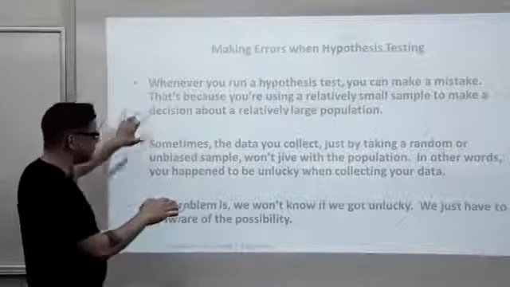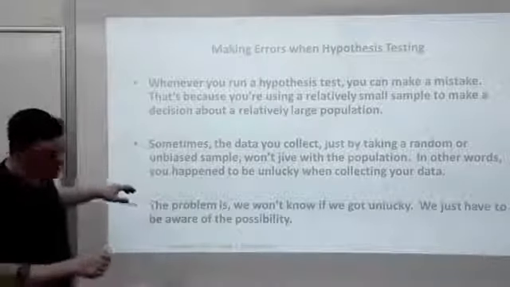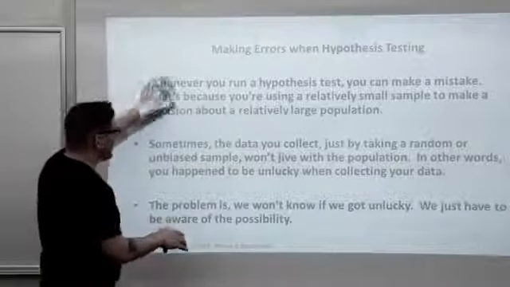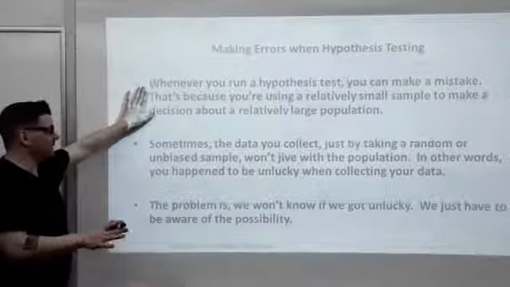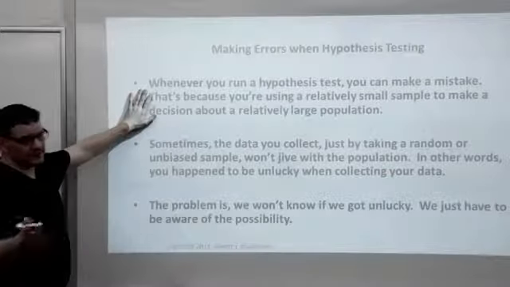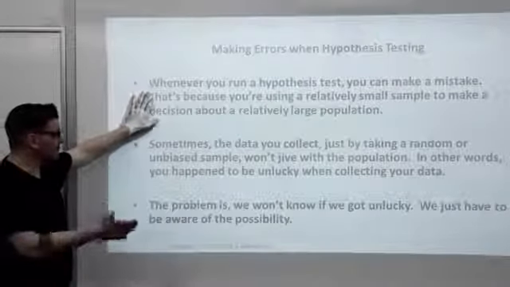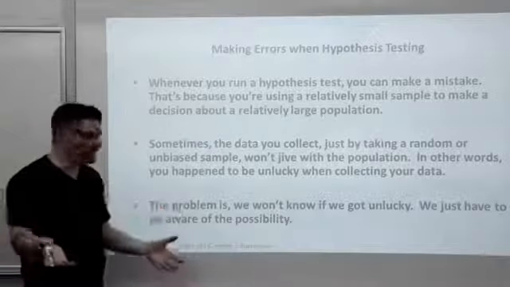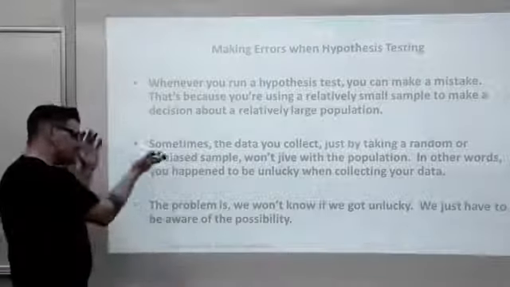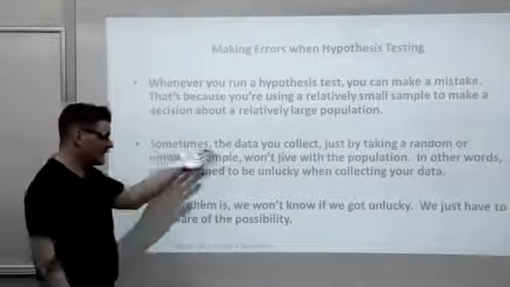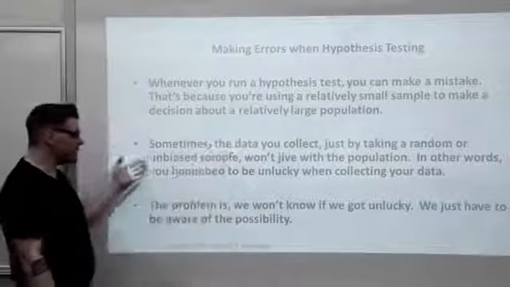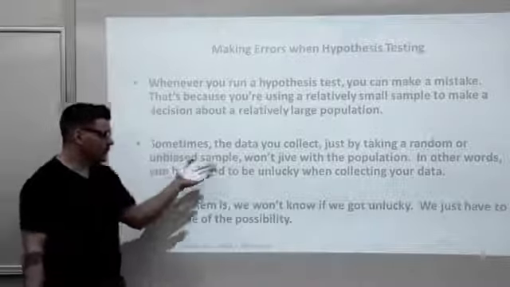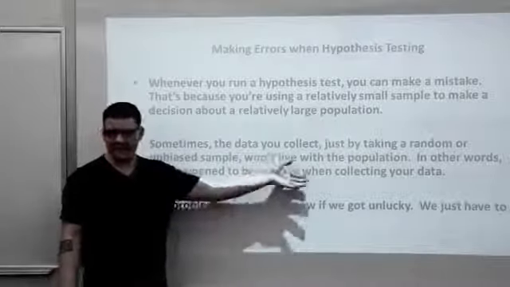All right, making errors, here we are. It's going to be, yep, right at the top of the notes. Whenever you run a hypothesis test, you can make a mistake. This is because you're using a relatively small sample to make a decision about a relatively large population, right? Sometimes the data that we collect, just by the whole process of taking a random or unbiased sample, won't jive with the population.